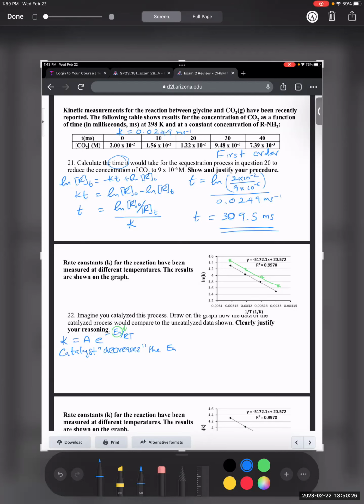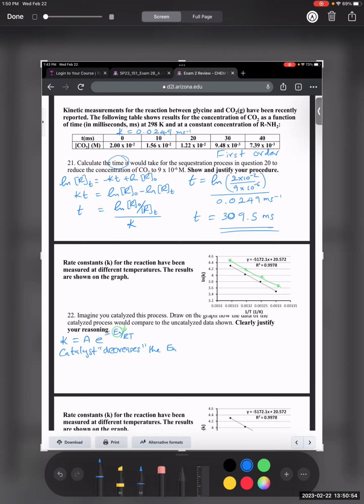We see that we have e to the power of a negative value, e to the power of minus activation energy. So when you bring down that value, the overall value of the rate constant increases. When you bring the activation energy down, the rate constant value increases at any given temperature.